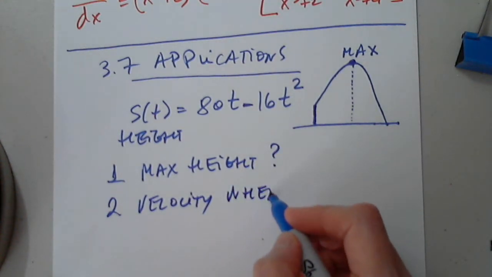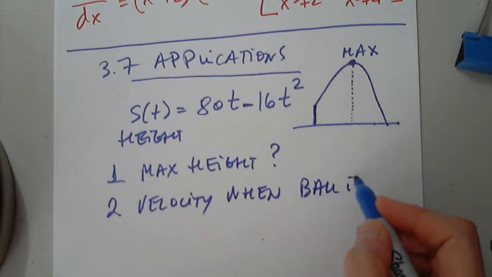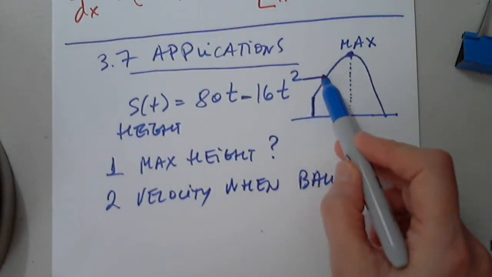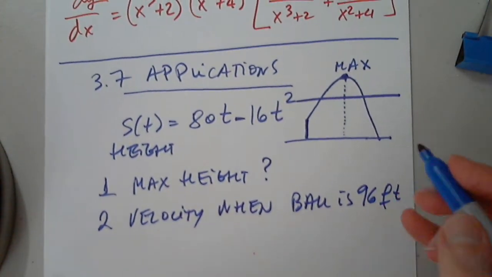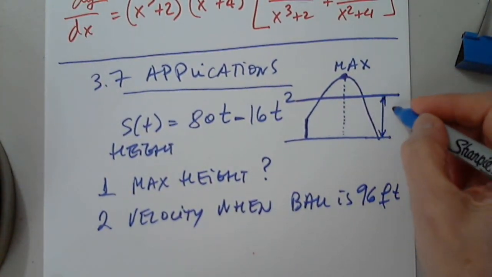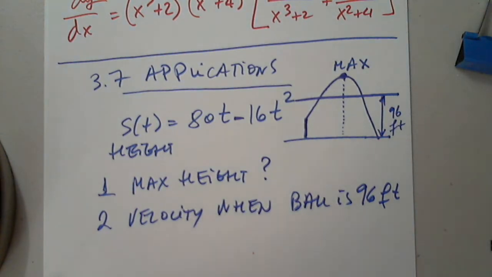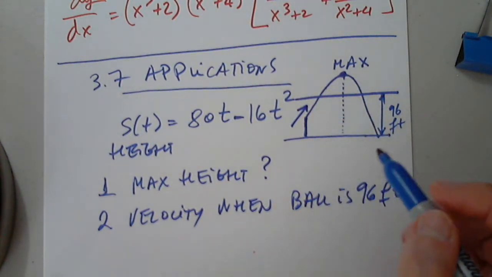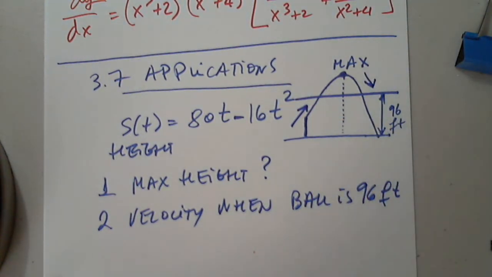When the ball is 96 feet, so, I don't know, here, 96 feet. And it says above the ground, on its way up and on its way down. Okay, so this is an anticipation of the next chapter, basically.